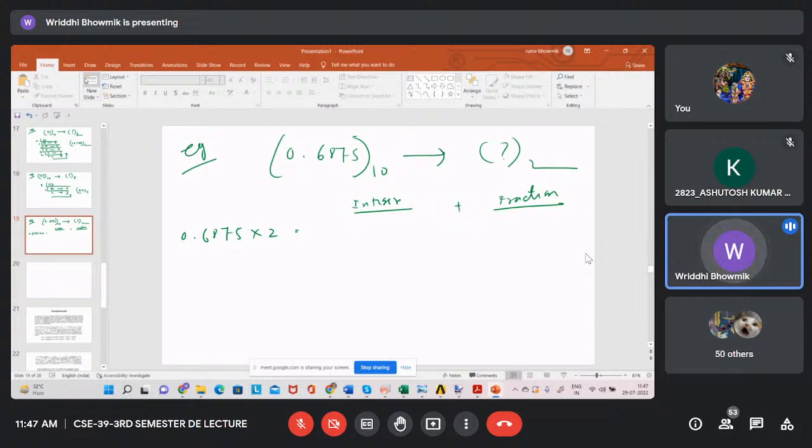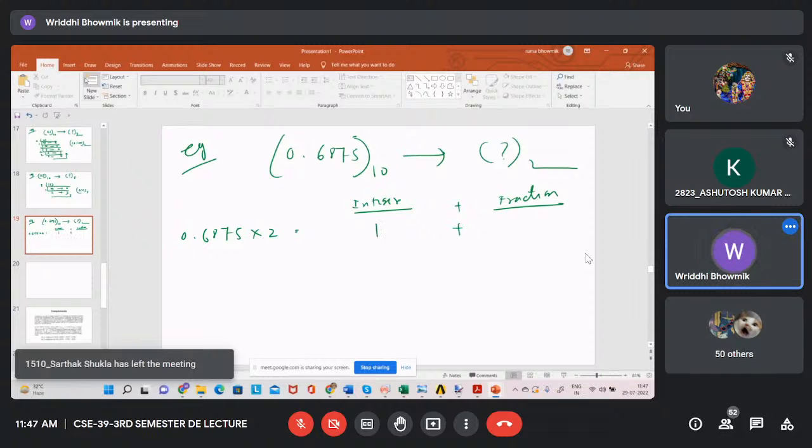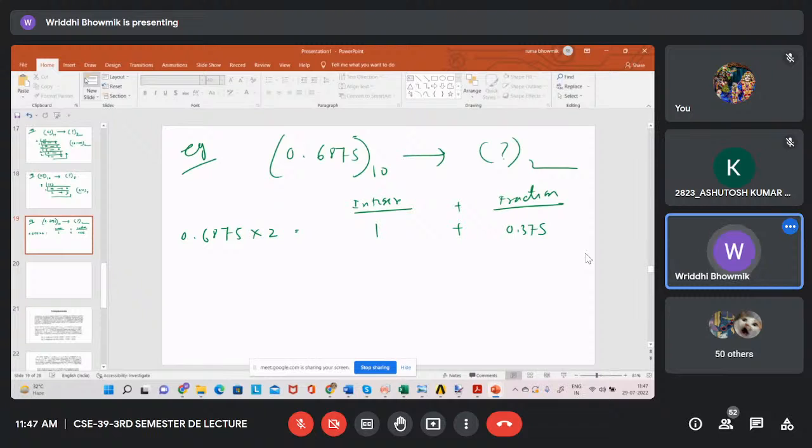So if you do this multiplication, you have integer 1 and then fraction 0.375. Means the total number is actually 1.375. So I am dividing it into the two parts. One is the integer, which is the 1, and another the fraction part is 0.375.